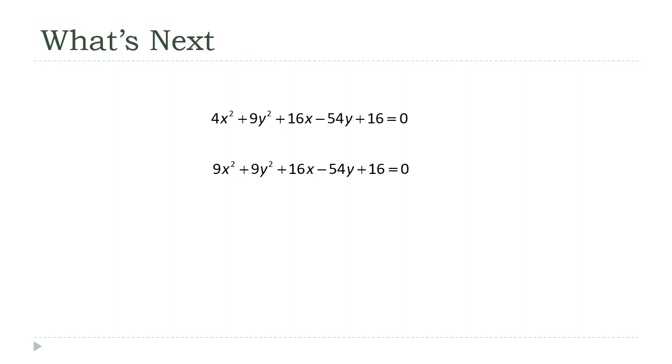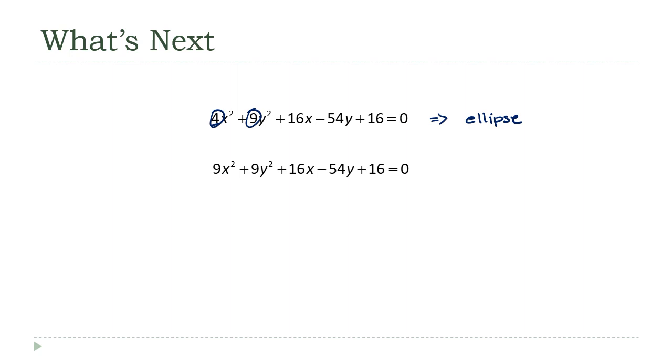So before we go on, there is one key point I want to make here. I've got these two equations here. You notice they are practically identical. The only thing distinguishing them is this x squared coefficient. In the first equation, the x squared coefficient and the y squared coefficient are different. That's what tells me that that equation is the equation of an ellipse.